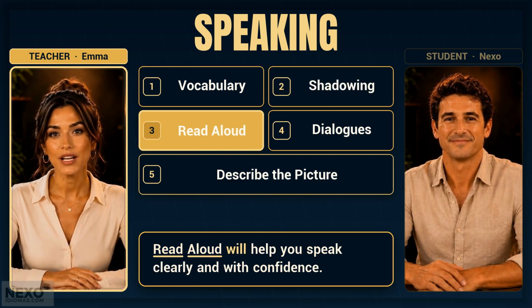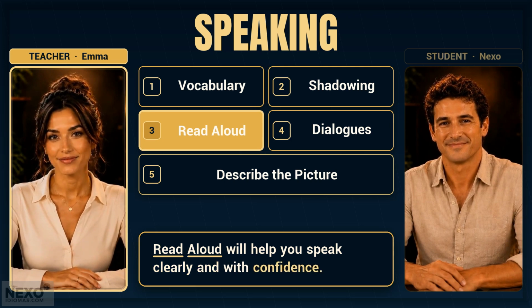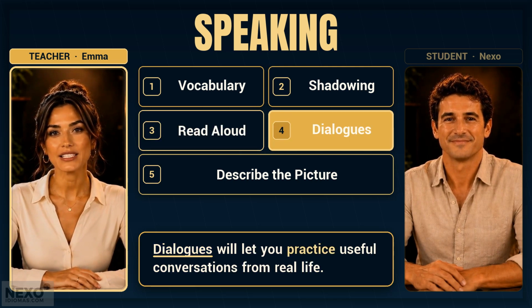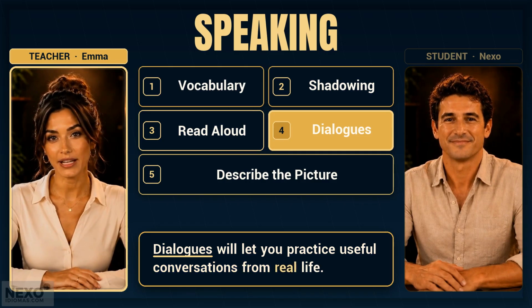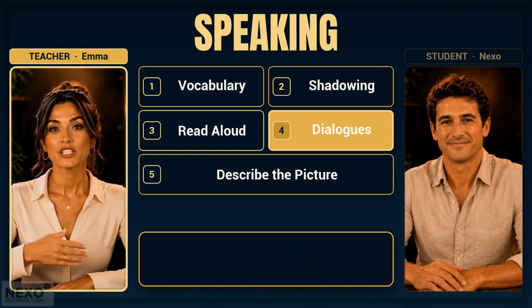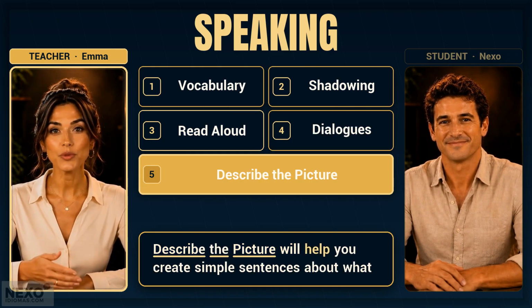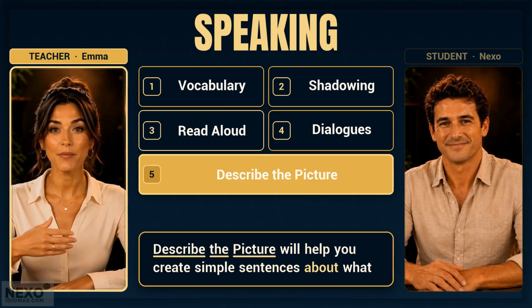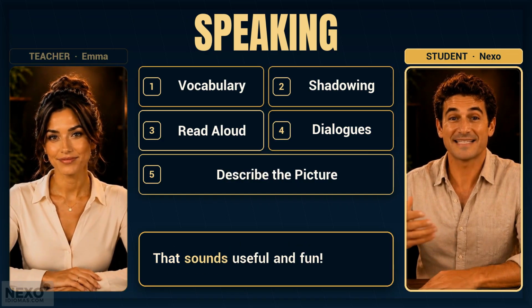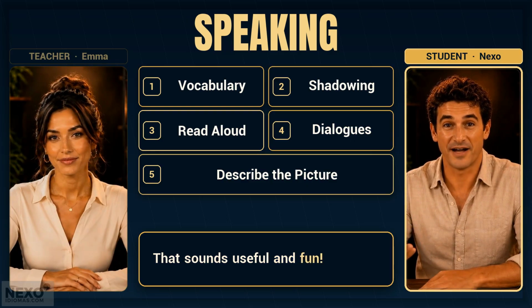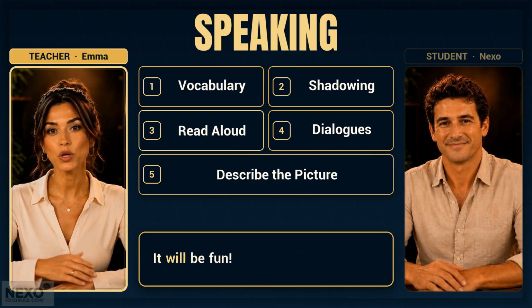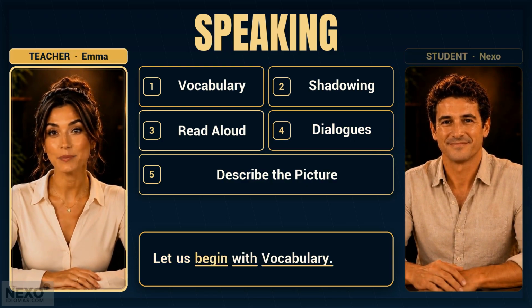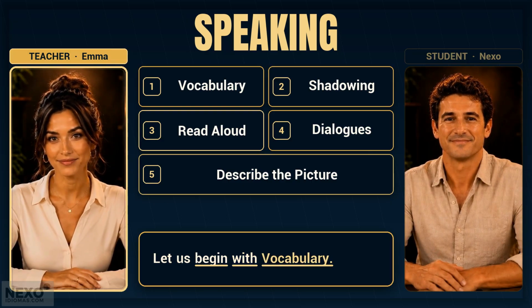Read aloud will help you speak clearly and with confidence. Dialogues will let you practice useful conversations from real life. Describe the picture will help you create simple sentences about what you see. That sounds useful and fun. It will be fun. Let us begin with vocabulary.